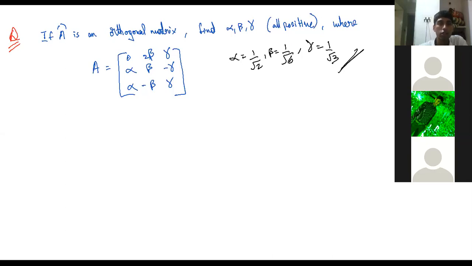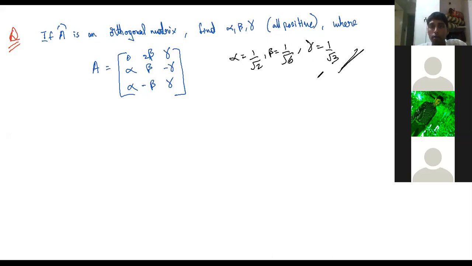But actually, the next topic is a very big topic. Next topic is adjoint. We'll start adjoint of a matrix, and after that, we'll define inverse. The other thing is solving equations using matrices.